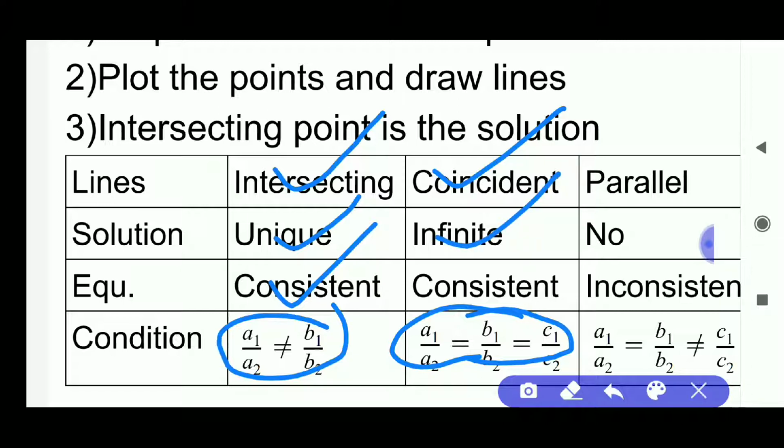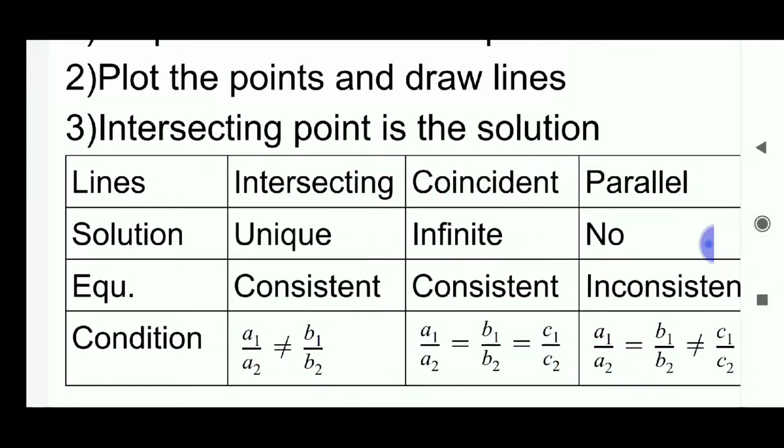That means infinite solutions, the pair of linear equations will be consistent. And when the condition is a1 by a2 is equal to b1 by b2 not equal to c1 by c2, then the lines are parallel and they have no solution. The equations are said to be inconsistent.